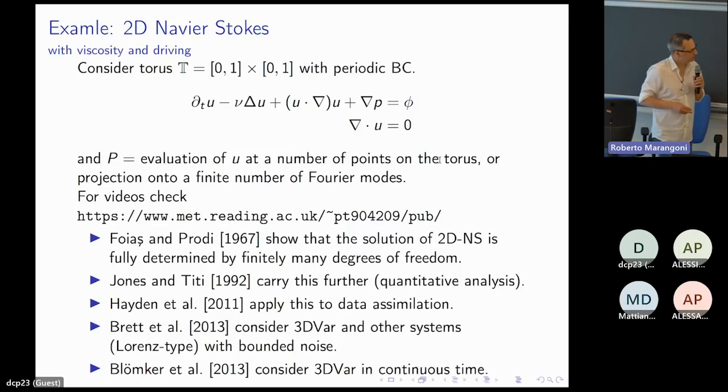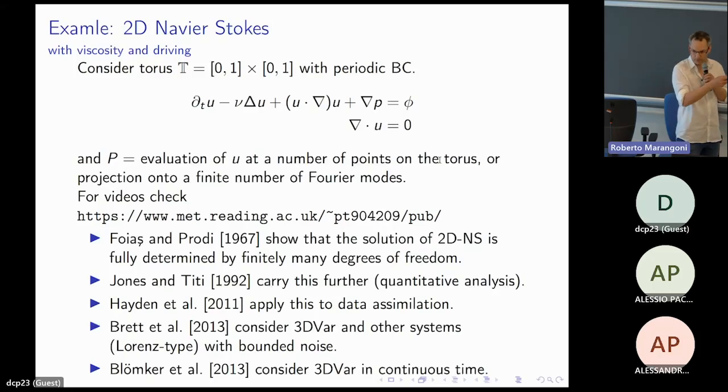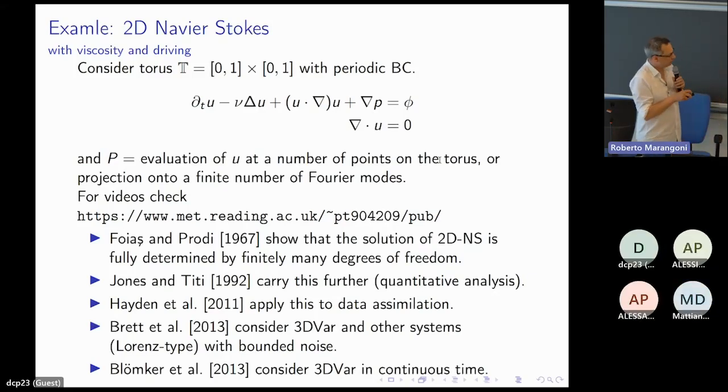So first, however, let's say that we are not doing everything from scratch here, but we are standing on the shoulders of giants. There have been lots of people investigating this problem or related problems, and we are using their results. Let me just mention one here, which is a classical paper by Foias and Prodi in 1967, where they show that the solution of 2D Navier-Stokes is basically fully determined by finitely many degrees of freedom if you observe enough degrees of freedom, right?